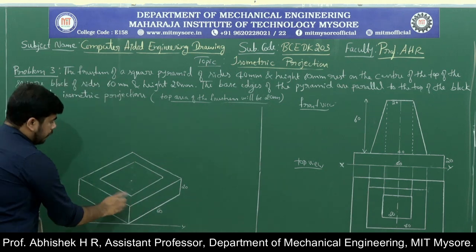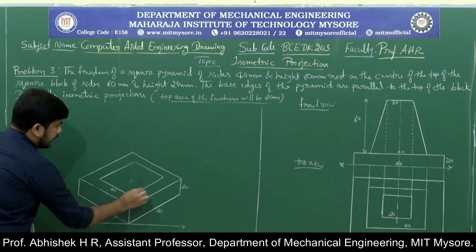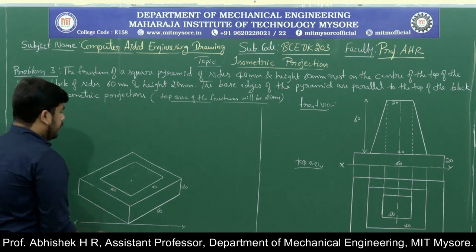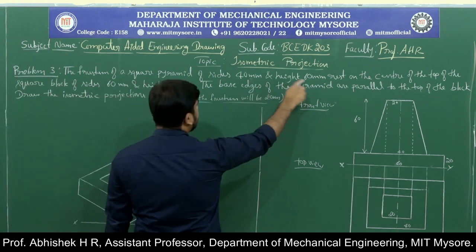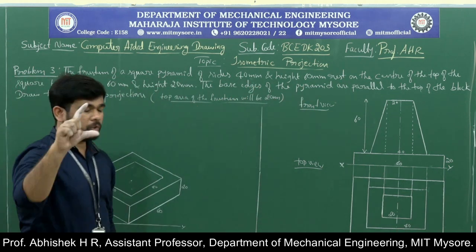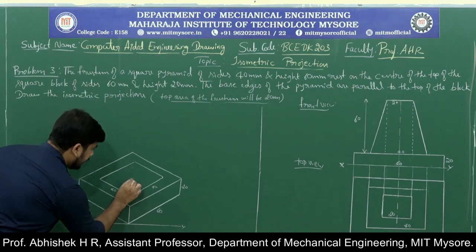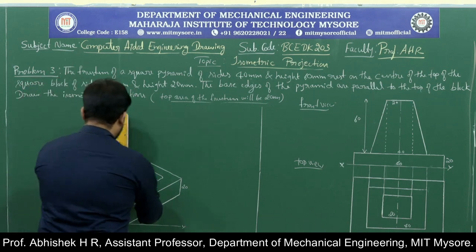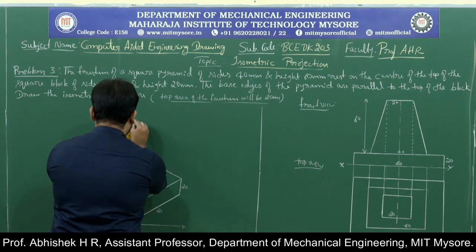Now the 40 mm base side is ready. Next, the height of the square pyramid is 60 mm. So from this midpoint you need to measure 60 mm height.